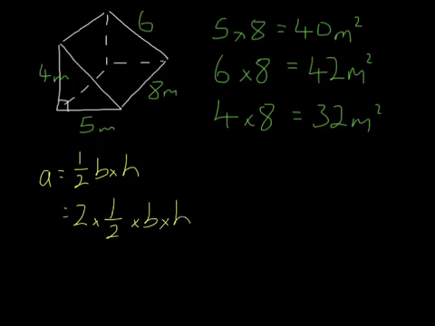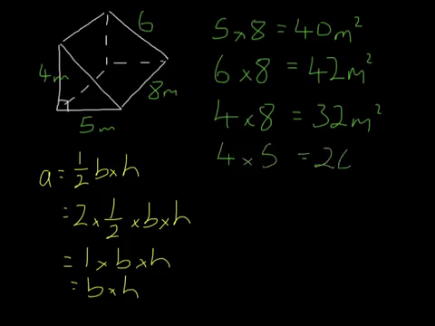Now I can do some cancelling here. 2 times a half is 1 times base times height. And that's just going to equal base times height. So base times height for my triangle, 4 by 5. 4 times 5, that equals 20.